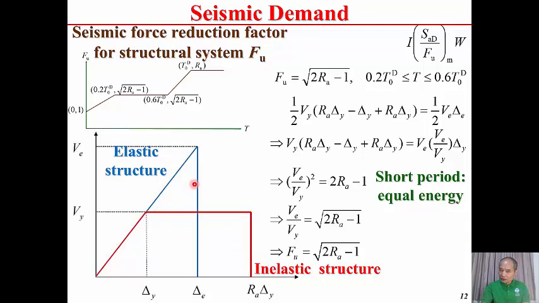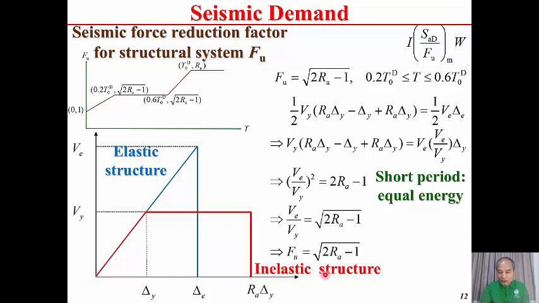For the elastic structure, the energy possessed by the structure is the area of the triangle here, equal to 1/2 times Ve, the height of the triangle, times delta E, the base of the triangle.